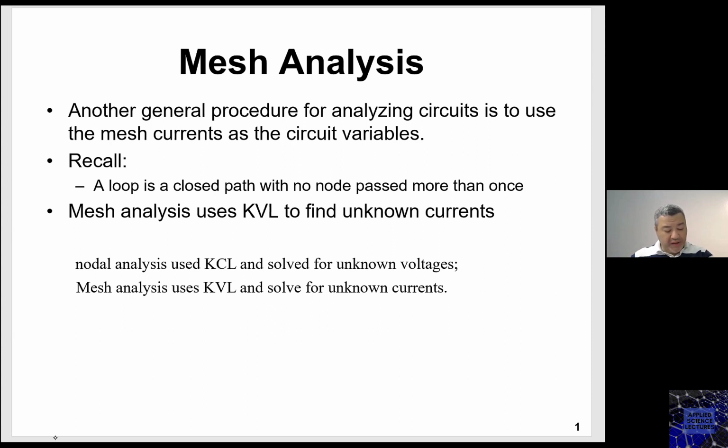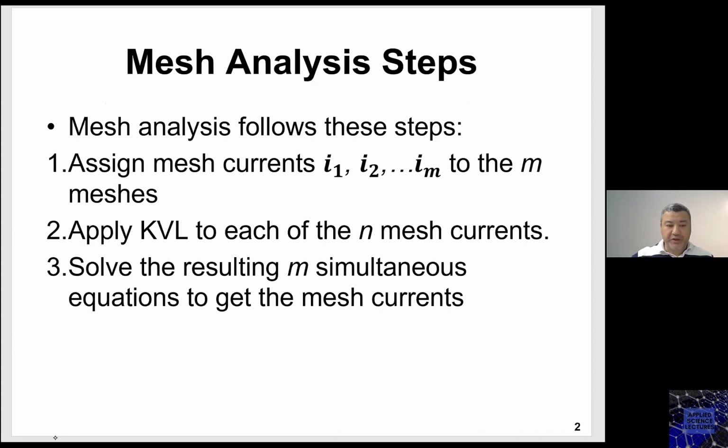So at the beginning, we need to decide on the meshes that we will be using. Then we will be assigning variables. Those variables are currents, I1, I2, up to IM, where M is the number of independent meshes that we define.